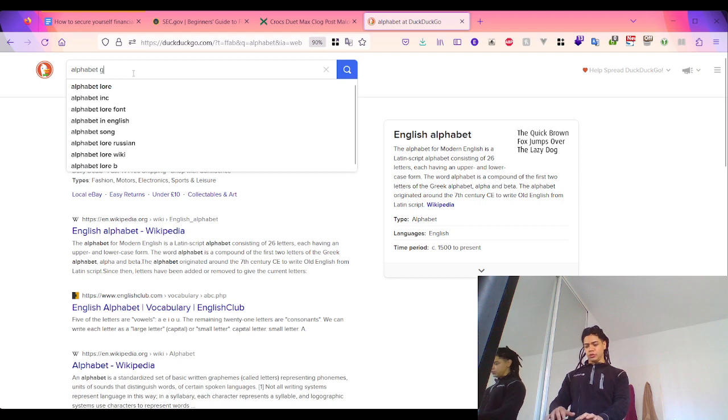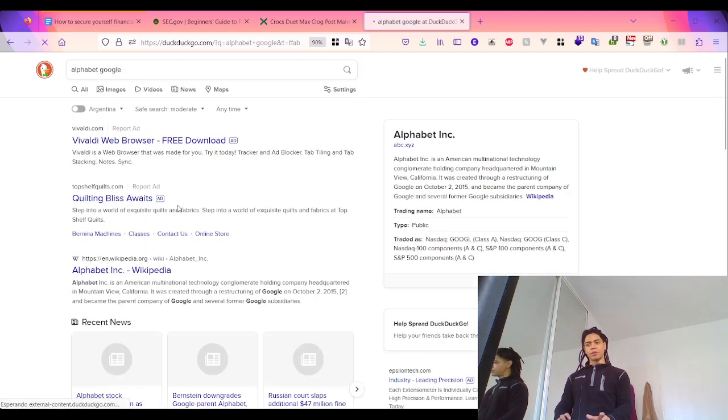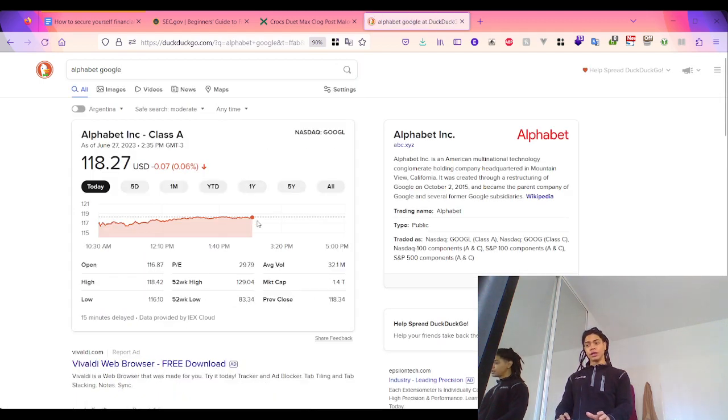Alphabet from Google. So Alphabet is the parent company of Google that invests primarily in a variety of technology companies through its venture capital arm, Google Ventures.